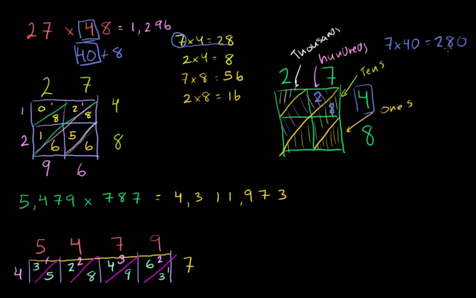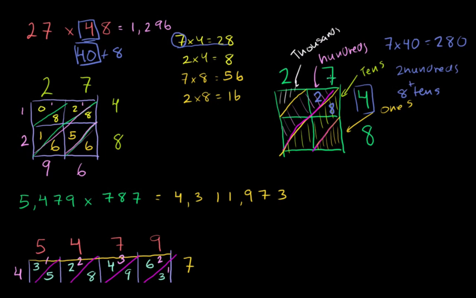And 280, how can we think about that? We could say that's 2 hundreds plus 8 tens. And that's exactly what we wrote right here. Notice, this diagonal right here, I already told you it was the tens diagonal.